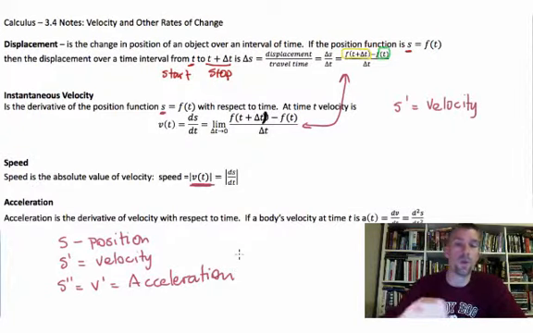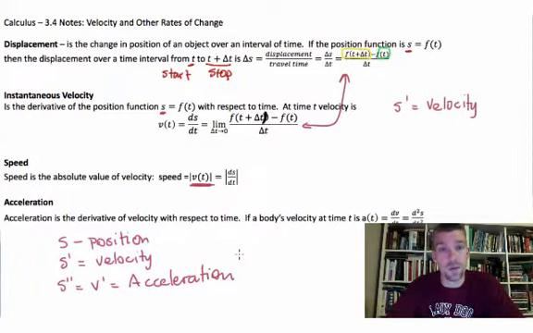So when you're asked to find the acceleration of an object, take two derivatives. If they give you a velocity and asked to find the acceleration of an object, take a single derivative.